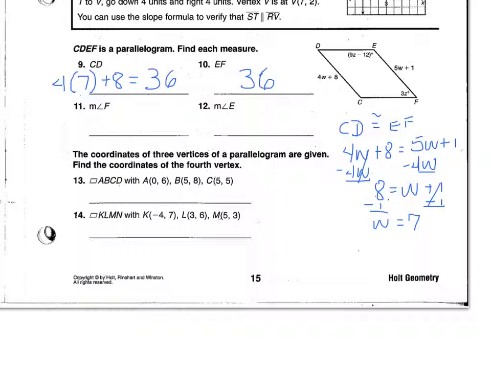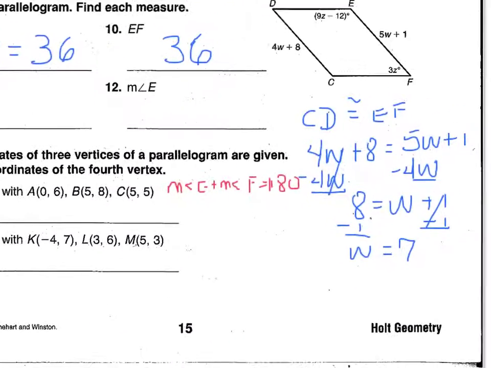Now for the measurements of angles F and E, well, they're consecutive angles, which means that they're going to be supplementary. So supplementary means that when you add them up, that's equal to 180. So I'm going to put here the measurement of angle E plus the measurement of angle F should be 180. Okay, so the measurement of angle E, let me make this a little bigger so you can see this a little better.